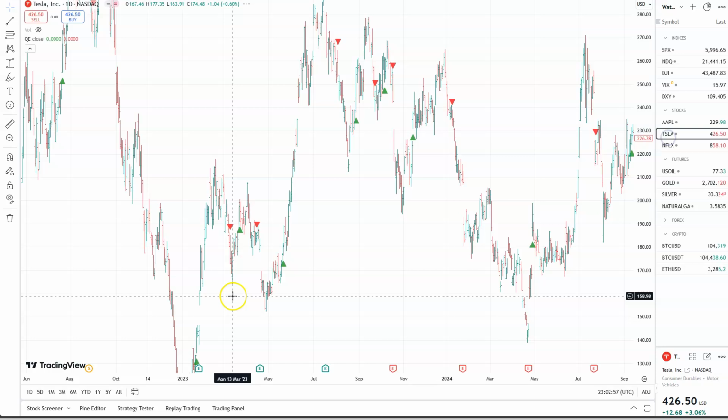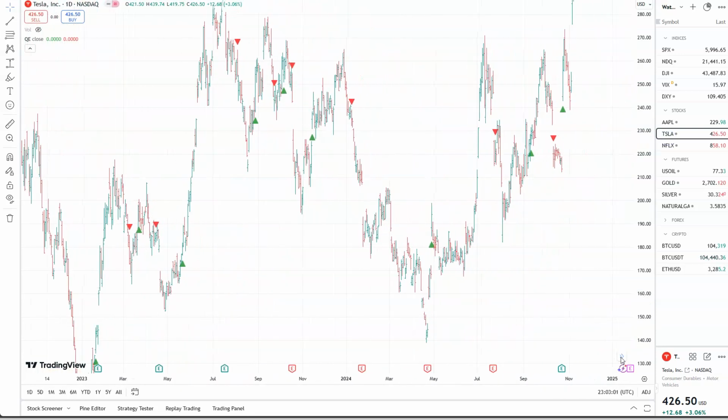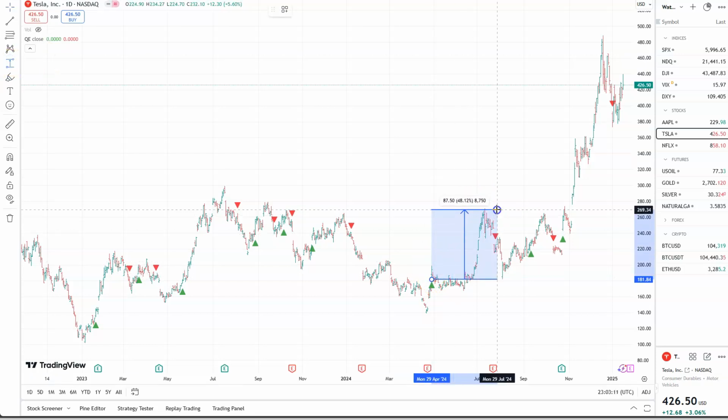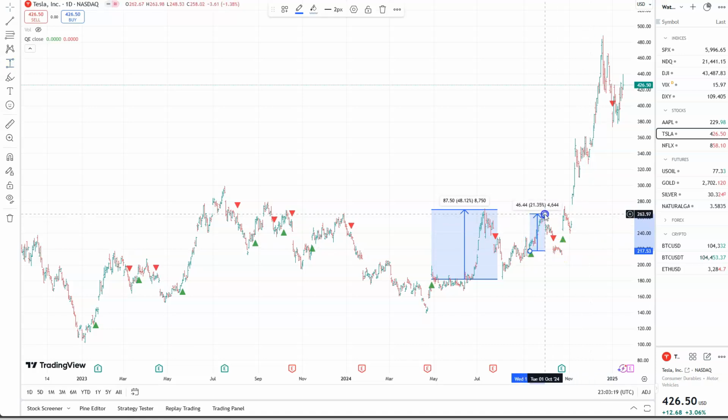Let's go to Tesla. Let me go to more recent, adjust the scale. Okay, so this is Tesla. Again, I would show you, from 26 April this move happened. It was a 48% move, and then there was this buy signal where the move was only 21%.